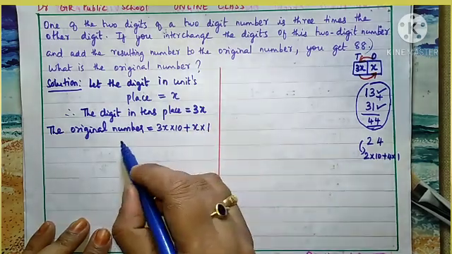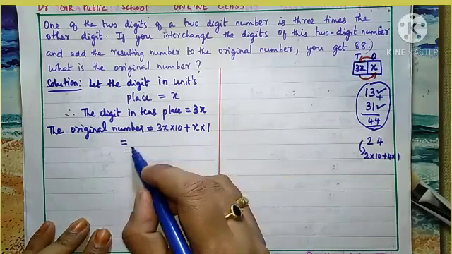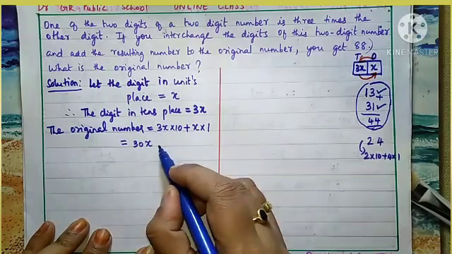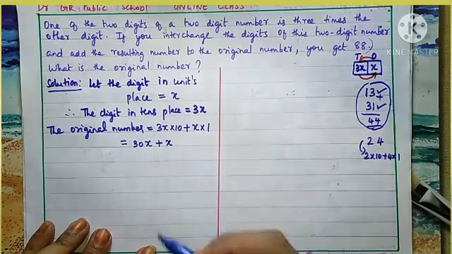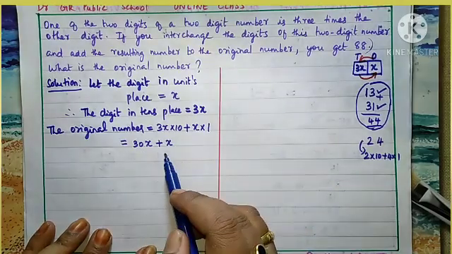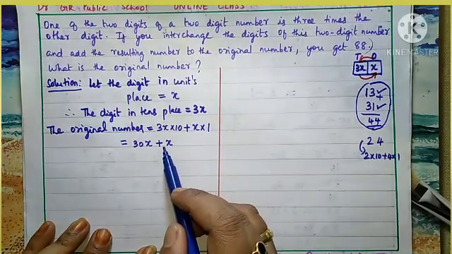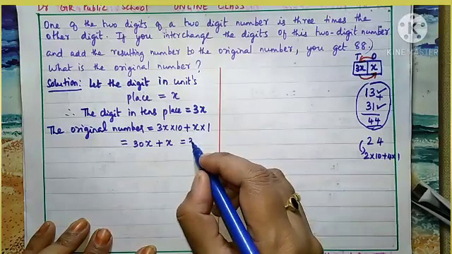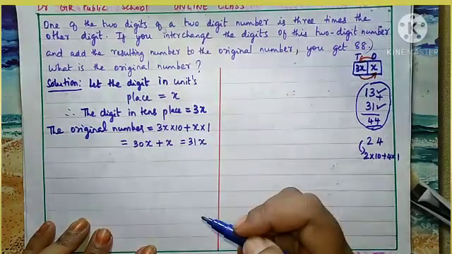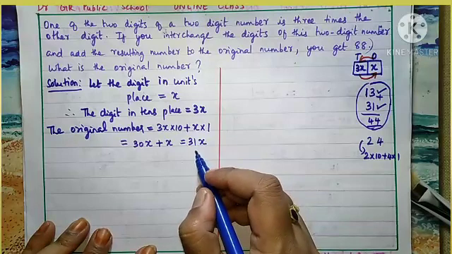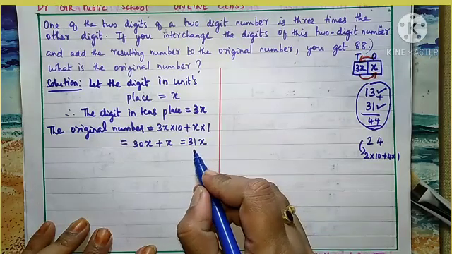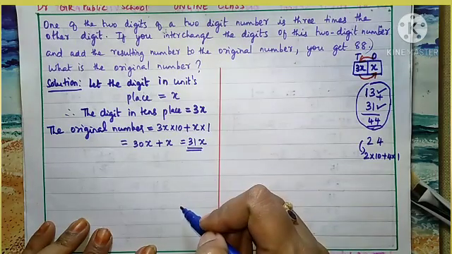What is 3x into 10? Yes, 30x plus x. X means 1x, so it is equal to 31x. Understand? So the original number is 31x.